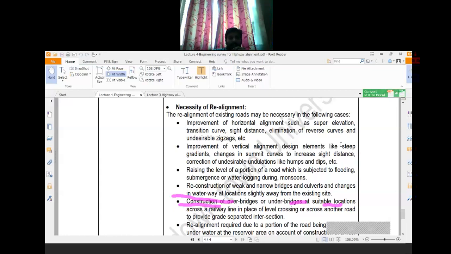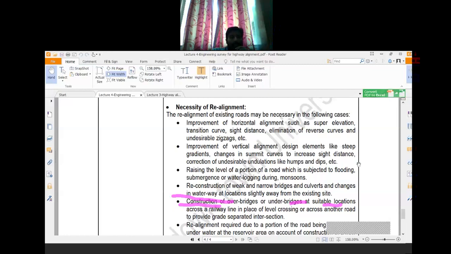Then raising the level of a portion of a road which is subjected to flooding. Suppose one existing road is a fair weather road, that is, for a considerable period of time that road remains inaccessible for use because of flood or water logging problem. In that case also you have to go for the realignment.